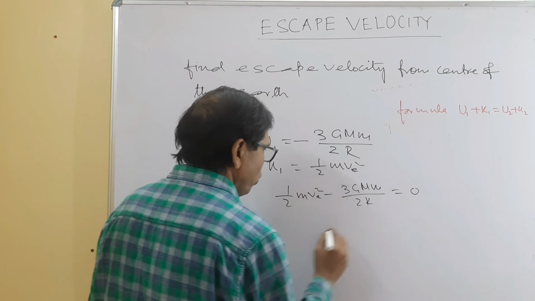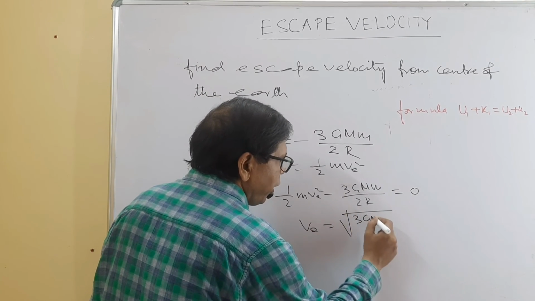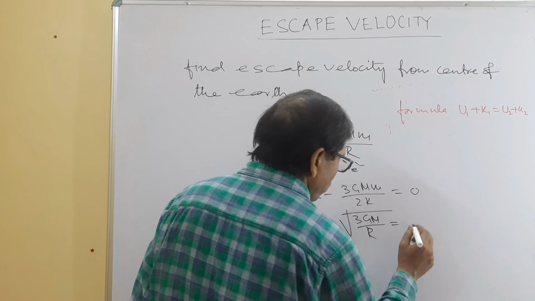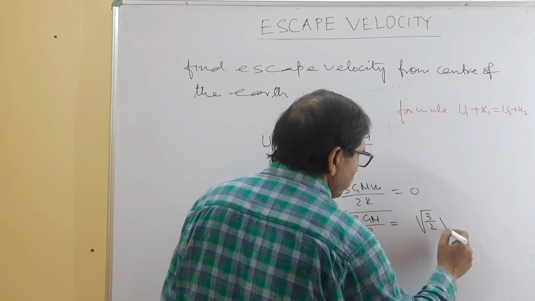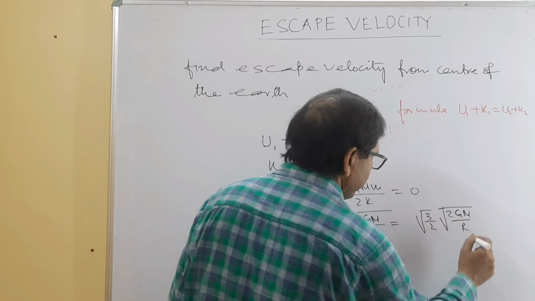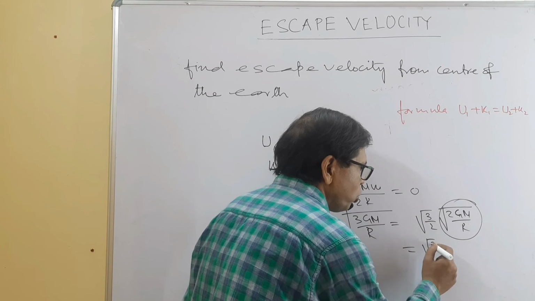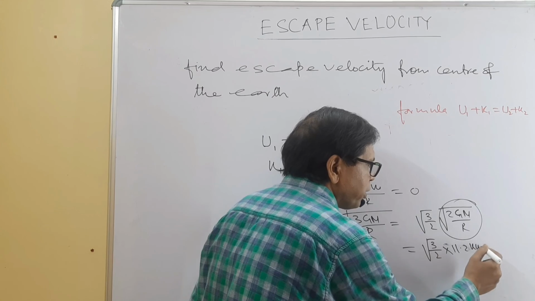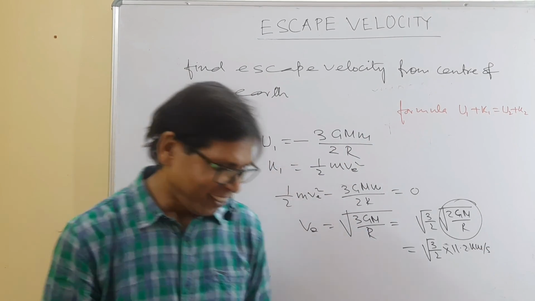Now K1 equals half m v square. Now U2 is 0 and K2 is 0. So this becomes half m v square minus 3GMm by 2R, and this is 0. So ve is root over of 3GM by R. Now you know this is root 3 by 2 into root over 2GM by R, where this is the escape velocity from the Earth's surface. So this is root 3 by 2 into the escape velocity 11.2 kilometer per second. So the required answer is root 3 by 2 times 11.2 kilometer per second.